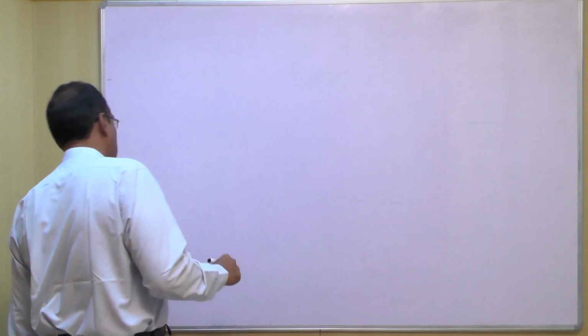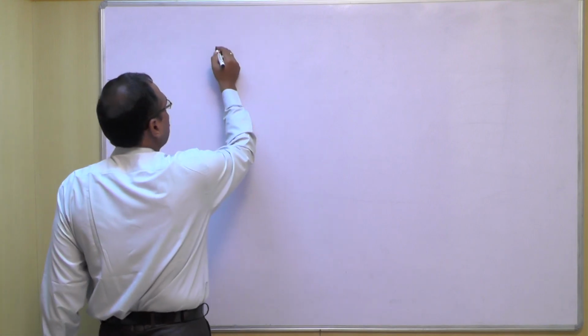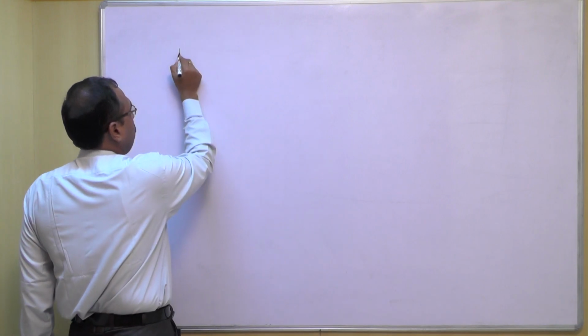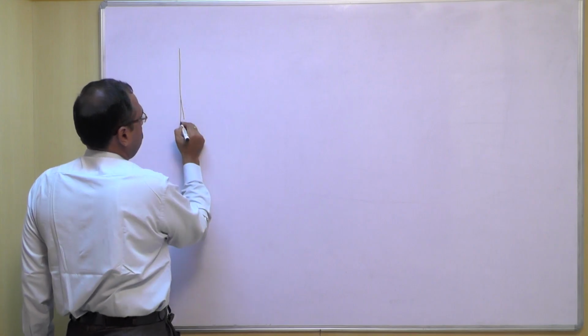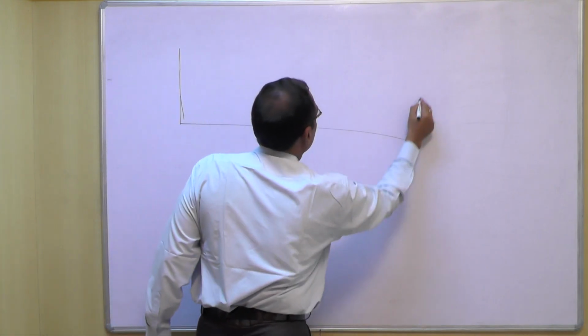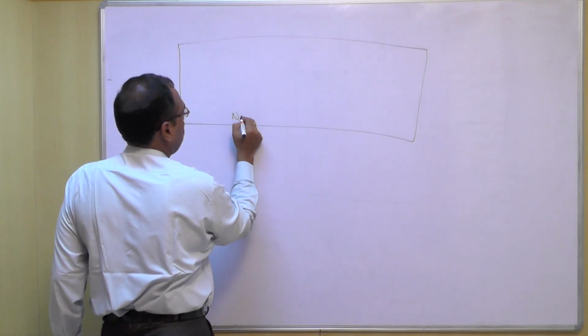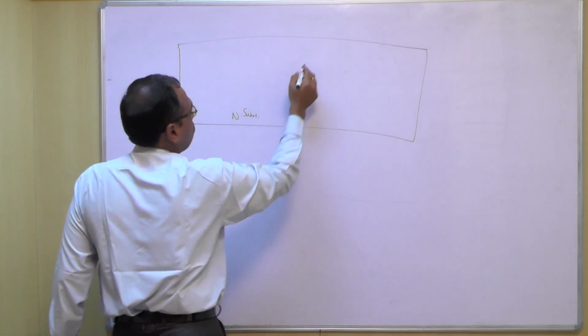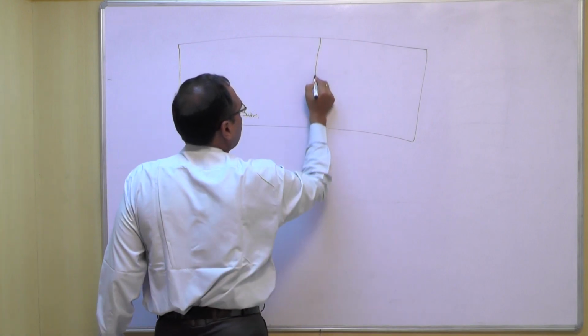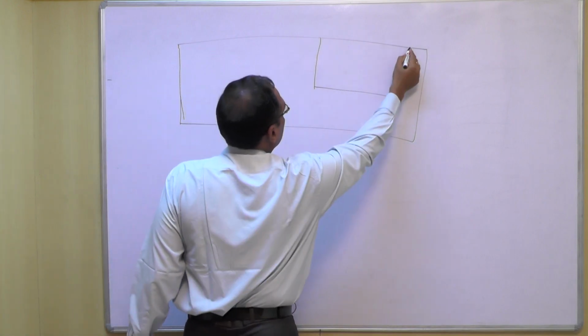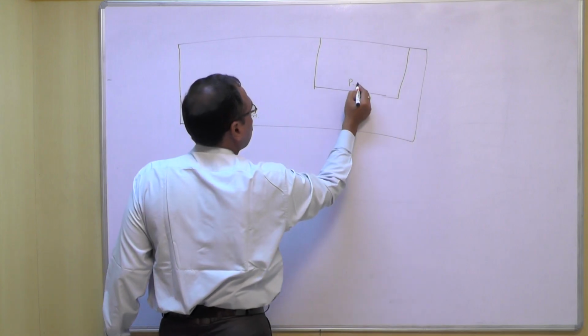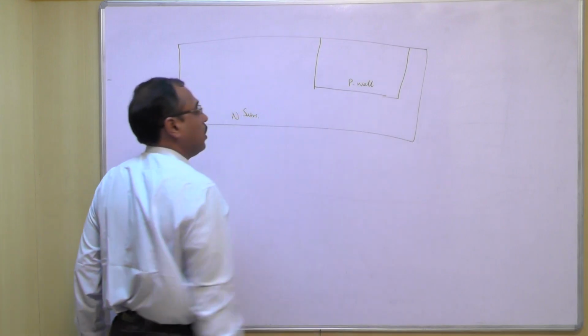Now we will take one CMOS transistor, in either an N-well or P-well process. First we take a substrate, an N substrate. Over the N substrate, a P-well is implanted.